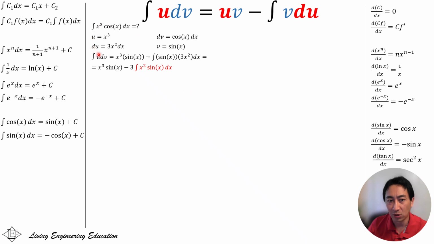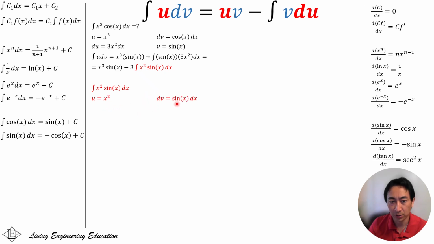Now, from the logic of this first piece, what would you choose as u? We chose x cubed as u last time, and we chose cosine x dx as my dv before. So it would make sense, I think, to choose x squared as my u value and sine x dx as my dv value in this next phase. So that's what we're going to do.